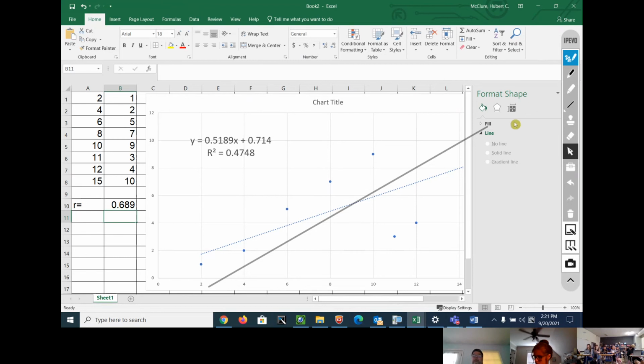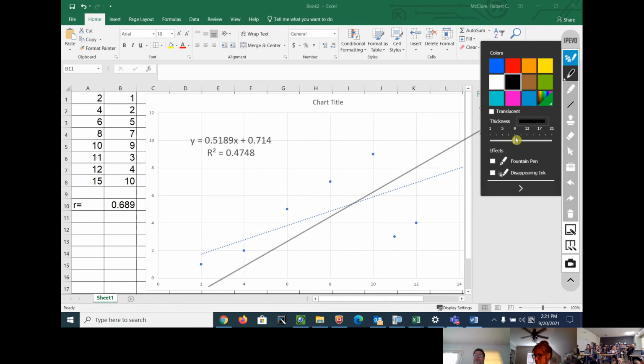So R is equal to, and I'm going to try to write this without screwing it up. Give me a second to change this. R is equal to 0.69.